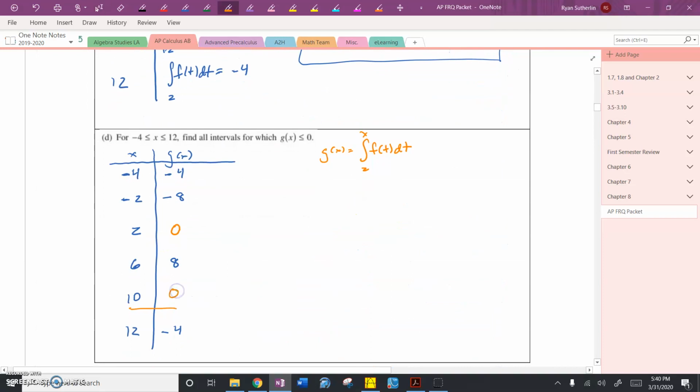So the question is, when are the values of g of x less than or equal to 0? We have no other changes in sign, so we have that it is 0 from bracket negative 4 to 2, and it is 0 or less from 10 to 12.